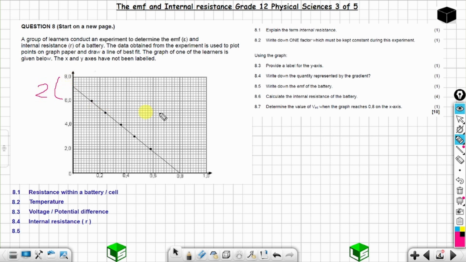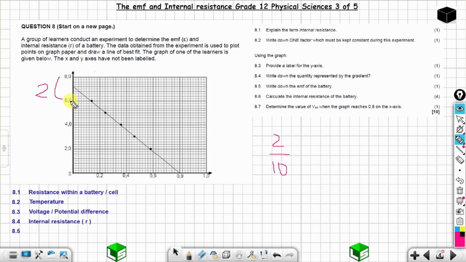So you have 2 divided by how many squares do you have between 6 and 8? Let's count. 1, 2, 3, 4, 5, 6, 7, 8, 9, 10. You are going to divide by 10. You have 10 squares between 6 and 8.